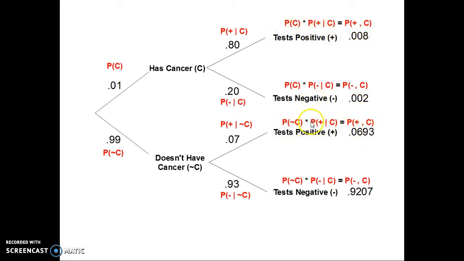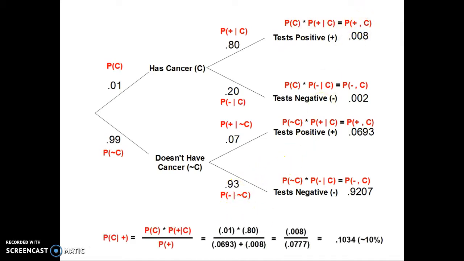So out of all the ones that test positive, we're only interested in the fraction of those that also have cancer. So writing it out, this over these two summed up gives us 10.34%, just like we saw in the previous slide. So either method works, whichever one you feel more comfortable with. Both are really useful to know, though.